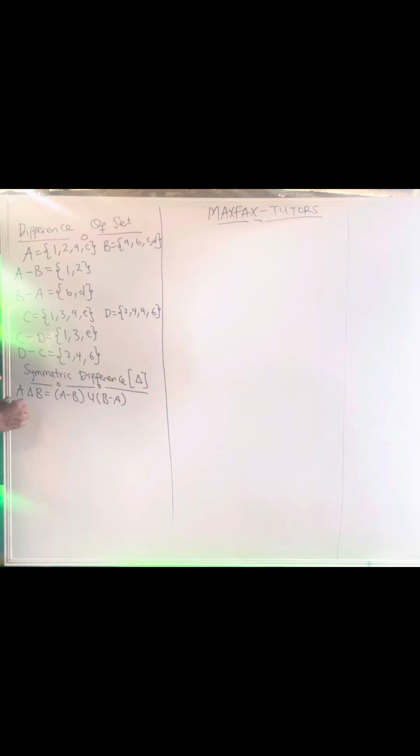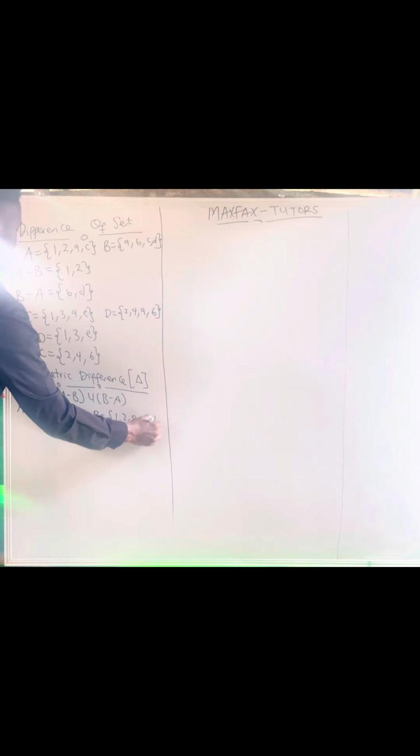Let's say set A equals 1, 2, 4, 5, and set B equals 1, 2, a, c, d.